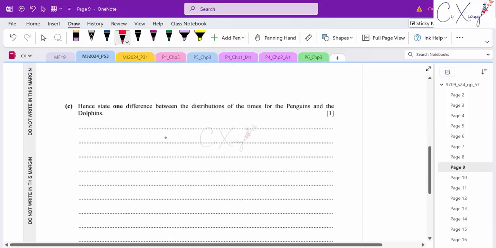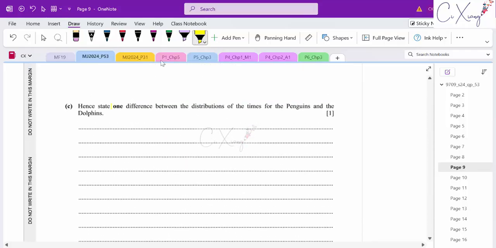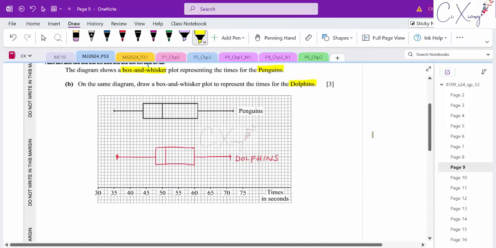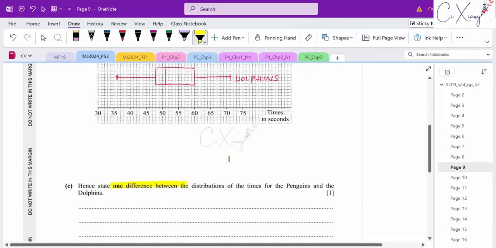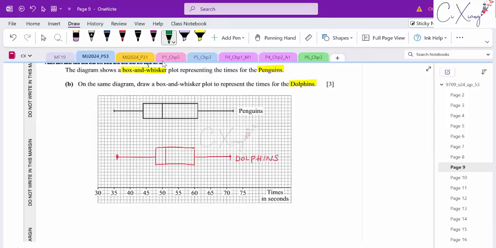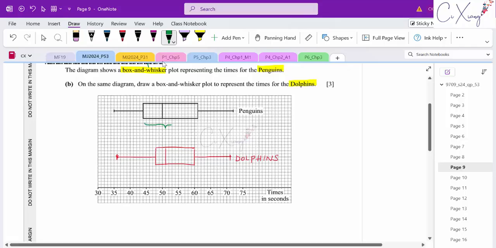Part C, they ask us to state one difference between the distribution of the time for the penguin and also dolphin. When we talk about the difference of the distribution, you can look at it from the box and whisker plot. If you compare these two sets of data, not a lot of difference, but I can see quite clearly that for the penguin group, the box is bigger or longer, and for the dolphin group, the box is slightly shorter.